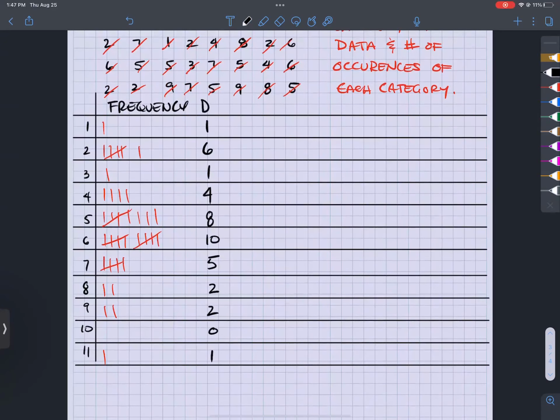So this would be my frequency distribution. And that's how I would do it.